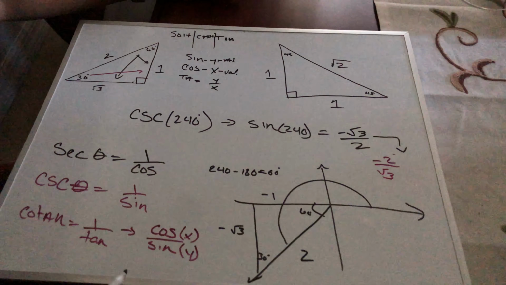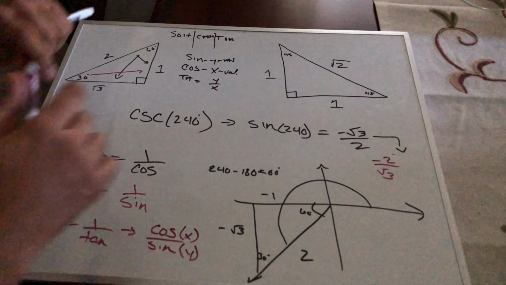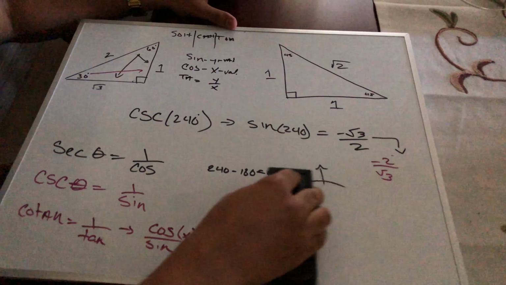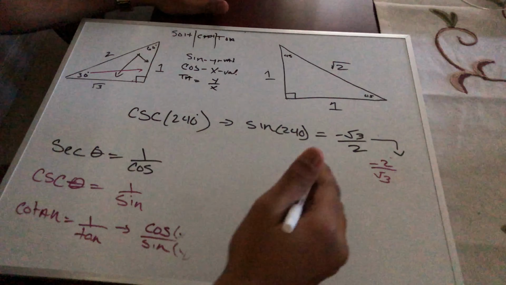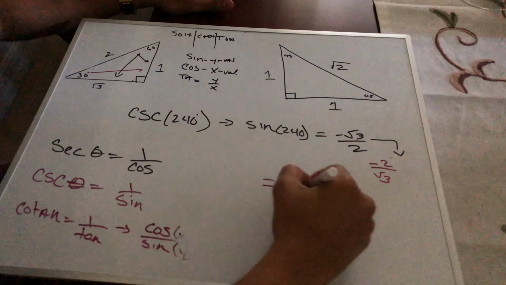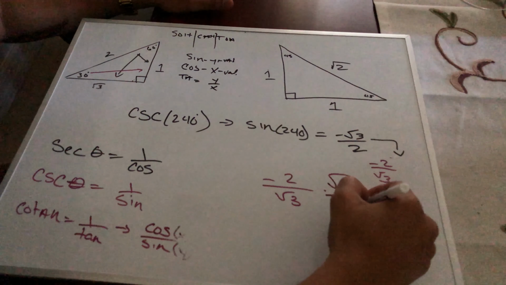But remember now, guys, this is very important. It is a radical in the denominator. So now I have to go ahead and simplify or rationalize this function. What I'm going to do is take the negative 2 over the square root of 3 and multiply by the square root of 3, both top and bottom.